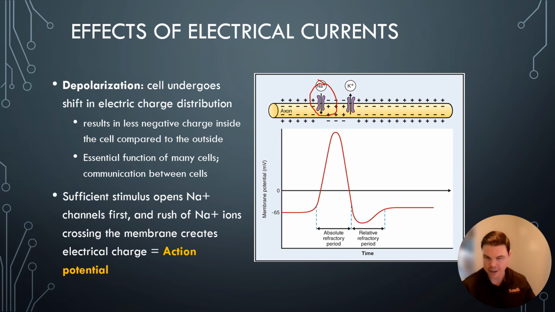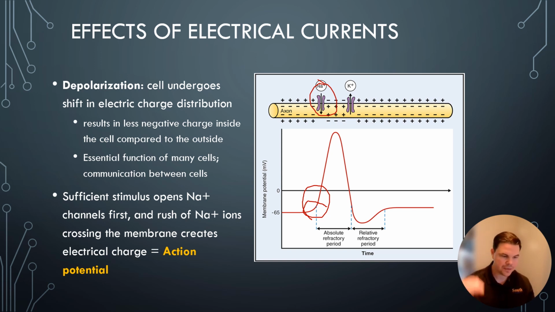By adding in, I used food coloring as an example in the lecture, a positively charged ion through sodium and releasing potassium in this way, we depolarize, moving the inside of the cell from a negative charge to a positive charge until it reaches a certain potential level, right? A certain threshold at which we then see the action potential being released.